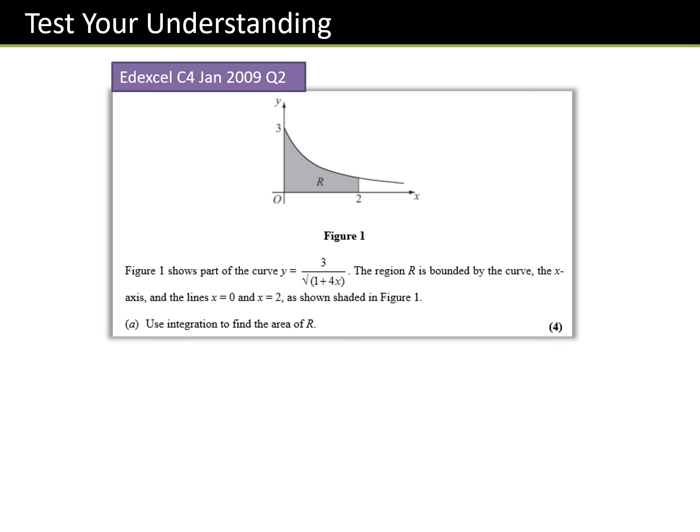Okay, so this is a relatively simple one. Area. You need to integrate your function, so 3 over the square root of 1 plus 4x with respect to x between 2 and 0. So again, we can rewrite this bottom as a power, can't we?